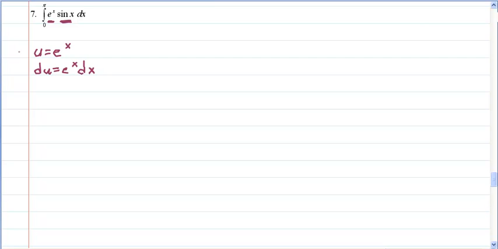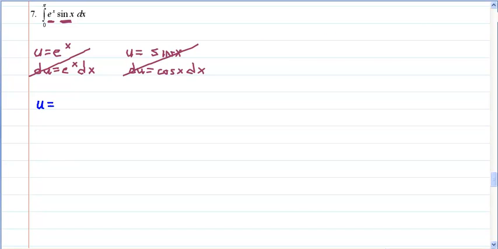We're trying to pick a u so that when we take the derivative of it, it's a simpler function. So it would seem like this is wrong. If I had let my u equal sine x instead, then my du would be equal to cosine x dx, but that doesn't seem to be making the problem simpler either. So it would seem like integration by parts fails, but it actually doesn't fail.